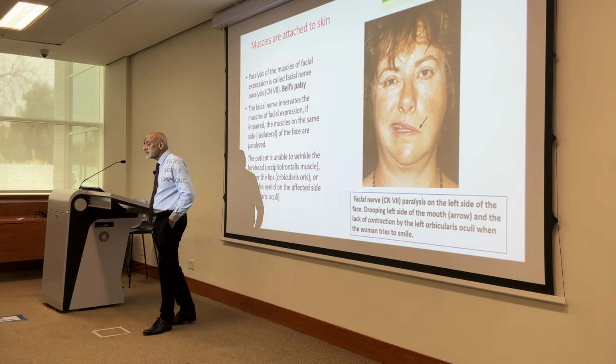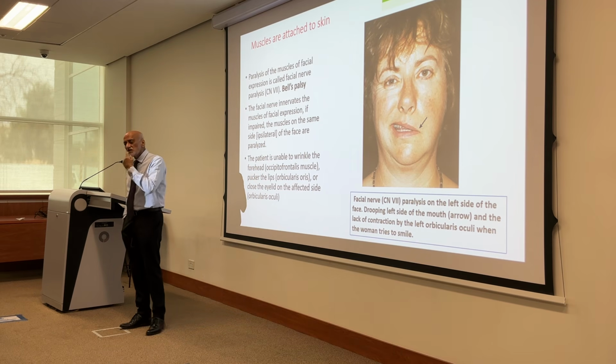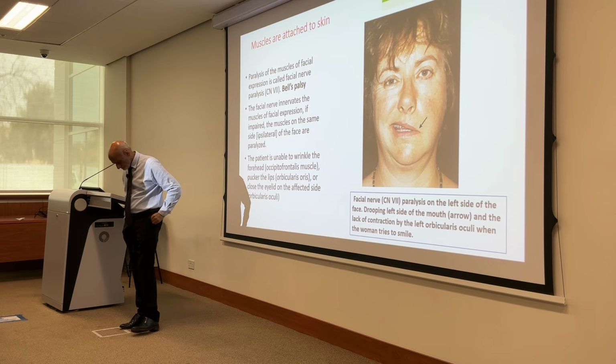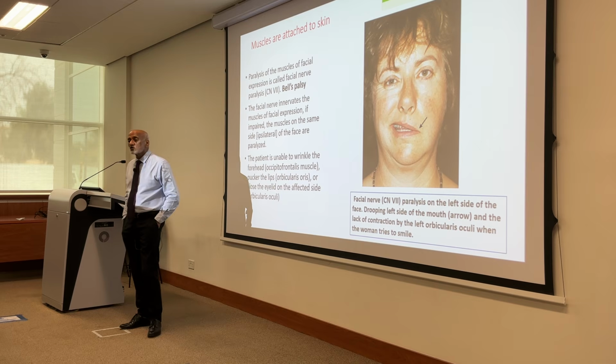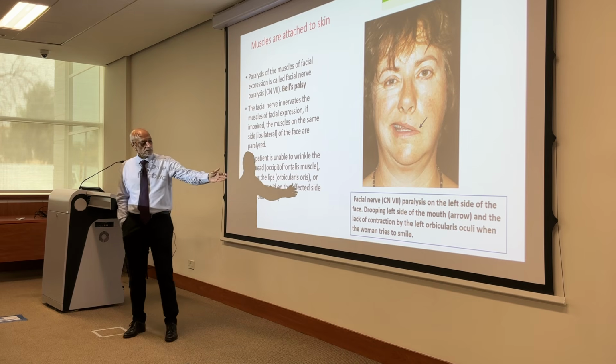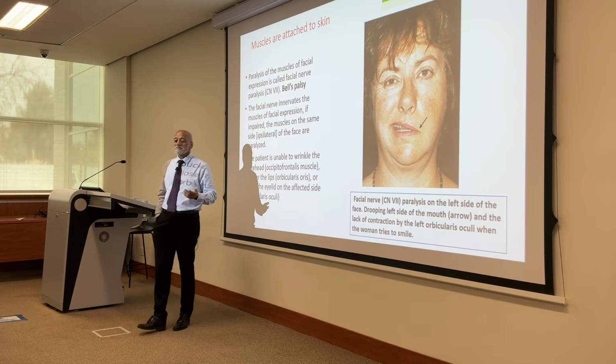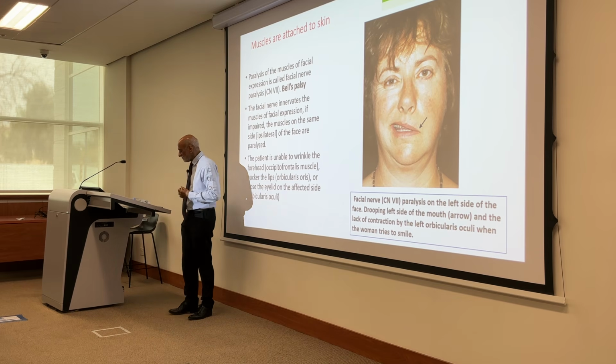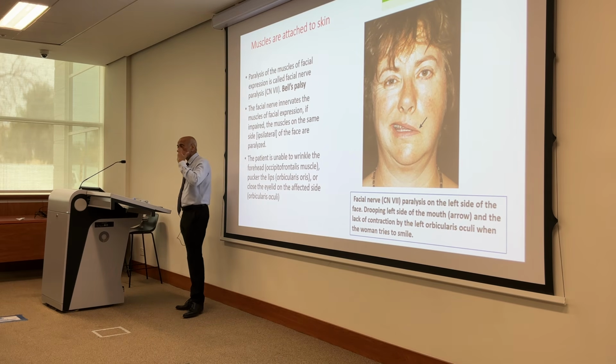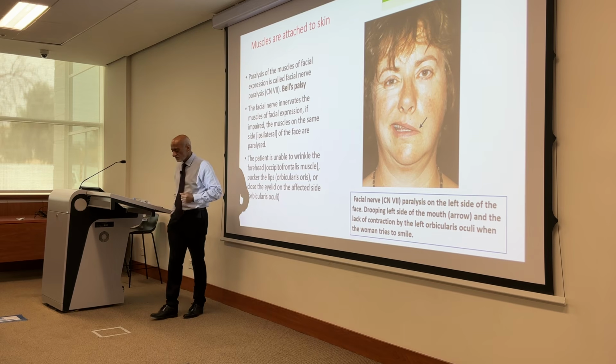It's called the facial nerve, which innervates these muscles. And in this case, it's called cranial nerve number 7. It becomes paralyzed. This happens when people get a viral infection and so on and so forth, and then it subsides after that.